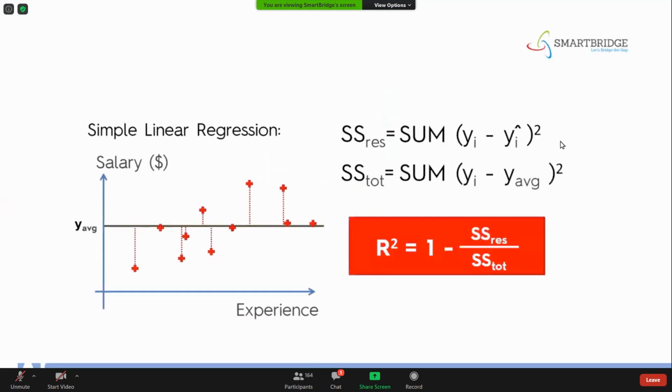Once you get this, substitute these values in this formula. Then you get the accuracy of a regression model, which is the R2 underscore score. R2 can be considered as R squared. Got it, guys? Clear?